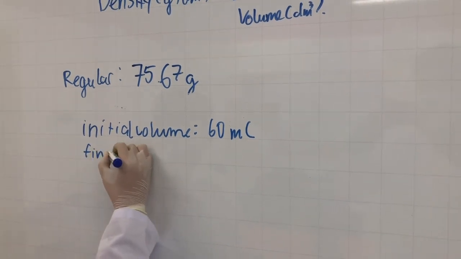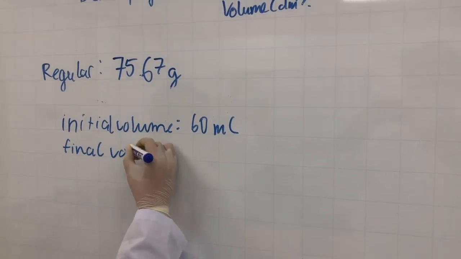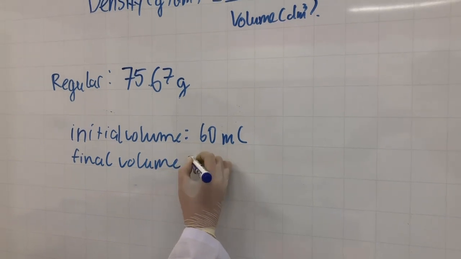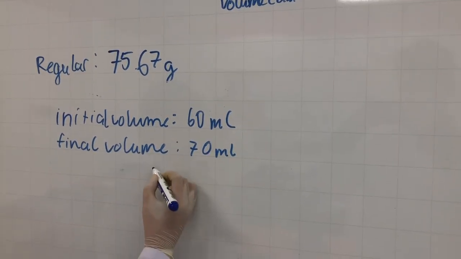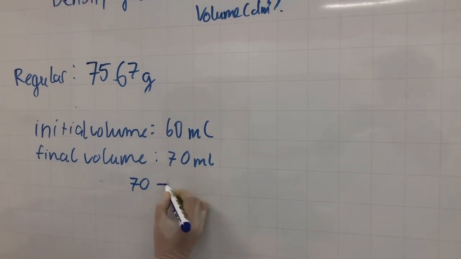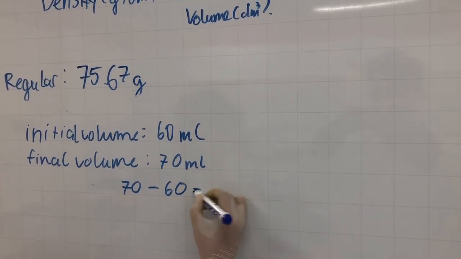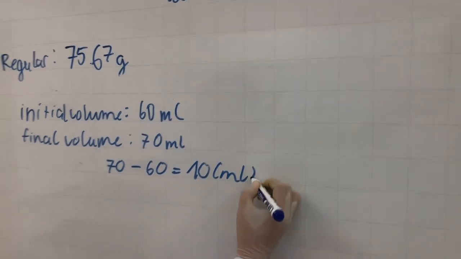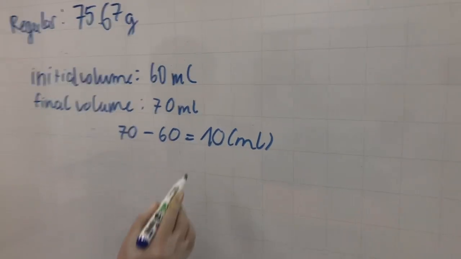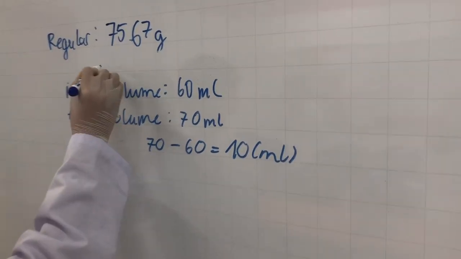Then the final volume, which is 70 milliliters. And now the difference is 70 minus 60 milliliters. So the volume of the object is 10 milliliters.